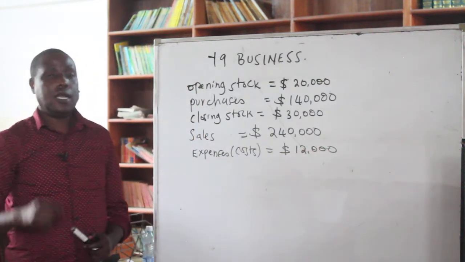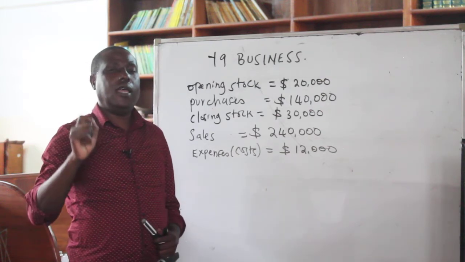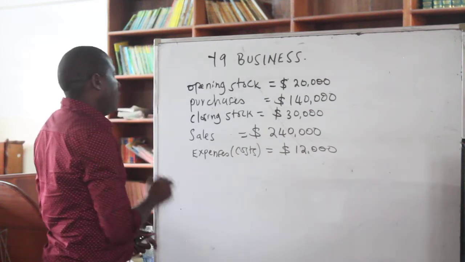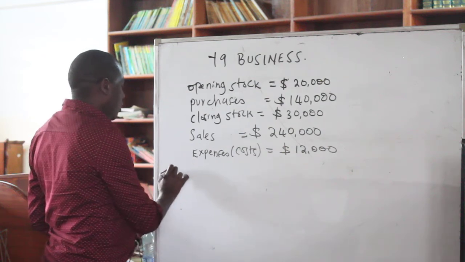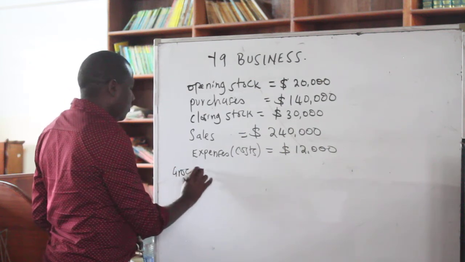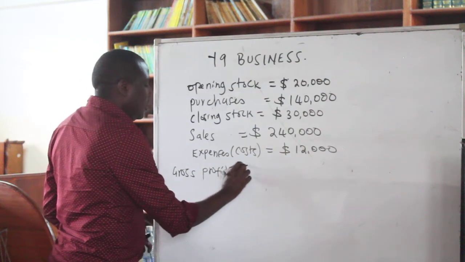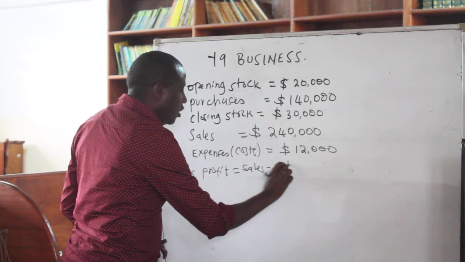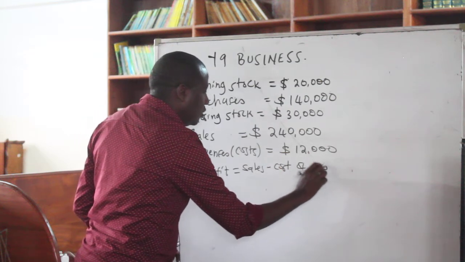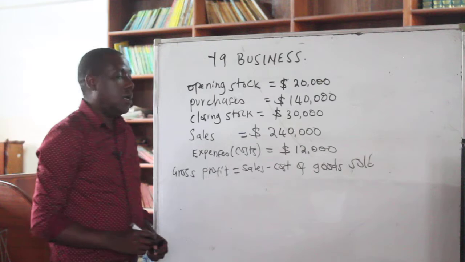So how do you calculate gross profit and how do you calculate the net profit? Therefore, we have said gross profit is going to be sales minus cost of goods sold.